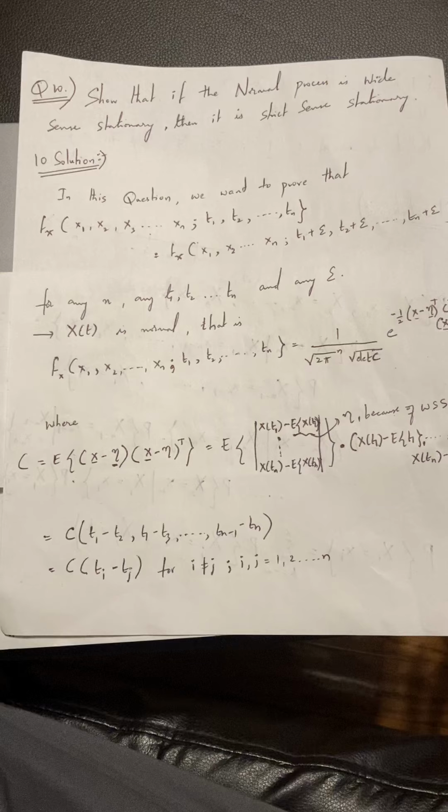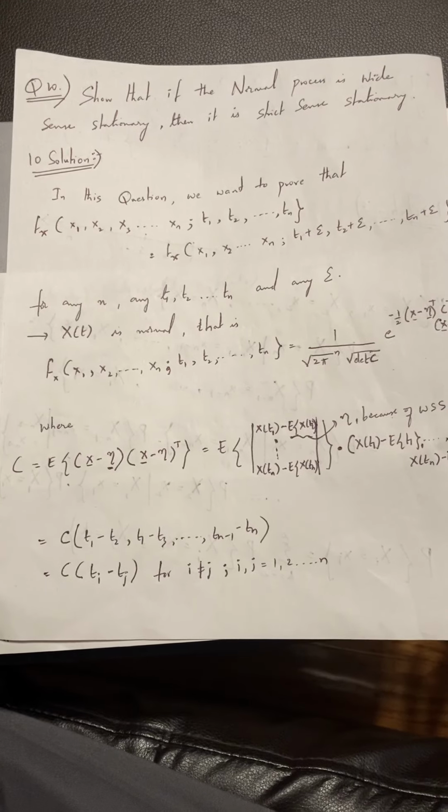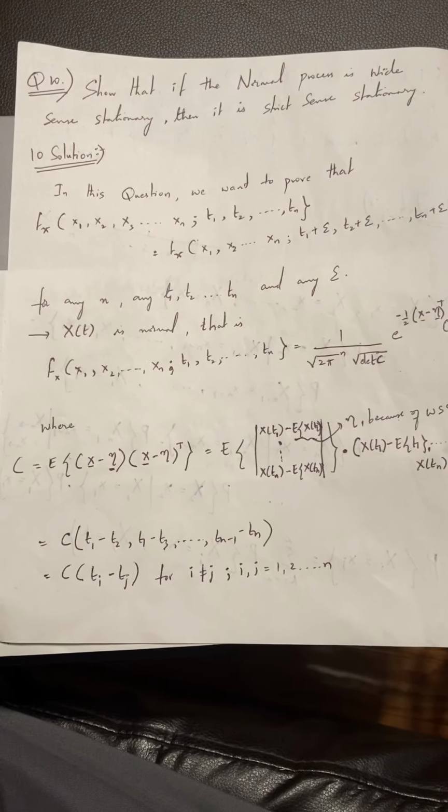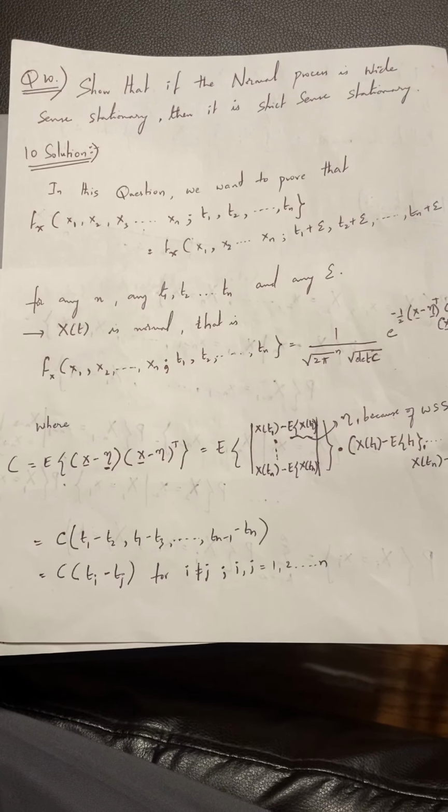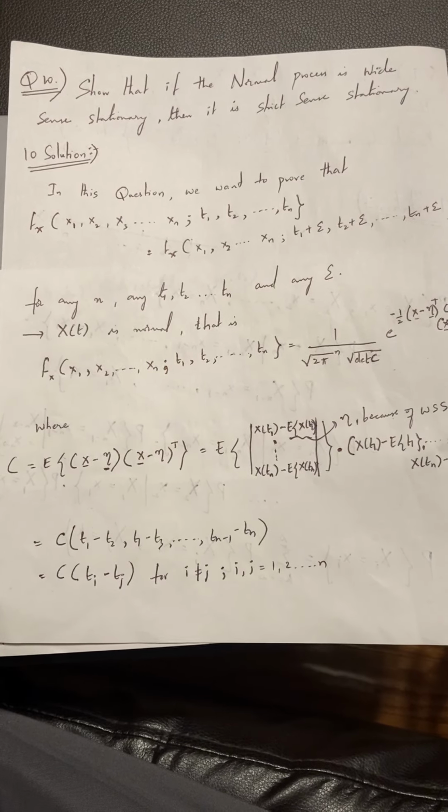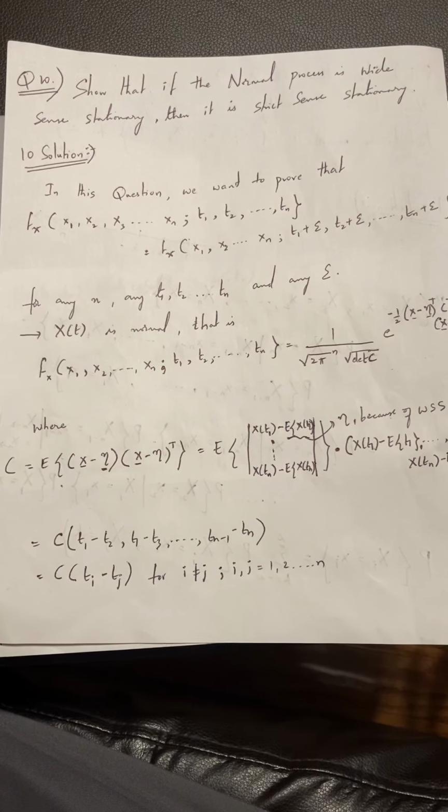So here we are writing the value of C. Basically C can be written as the expected value of (x minus eta) into (x minus eta) transpose.